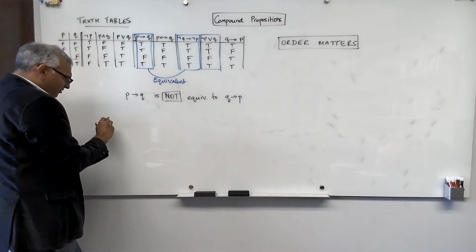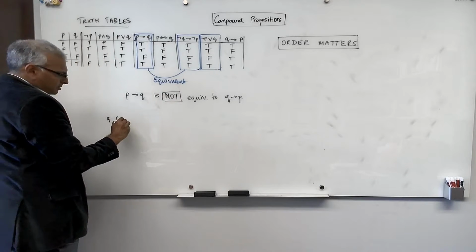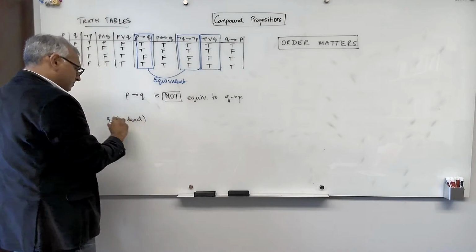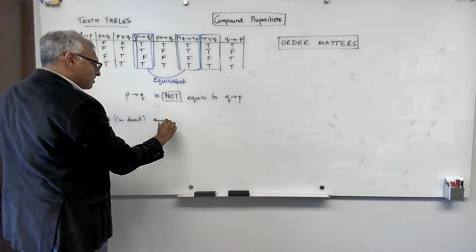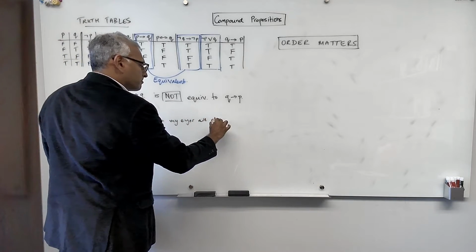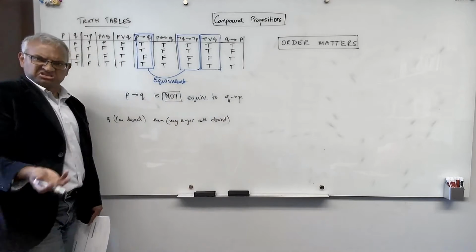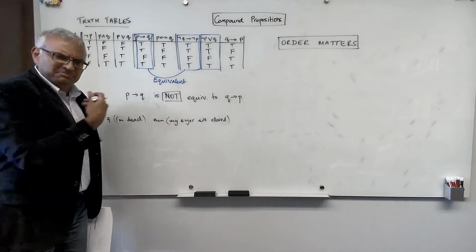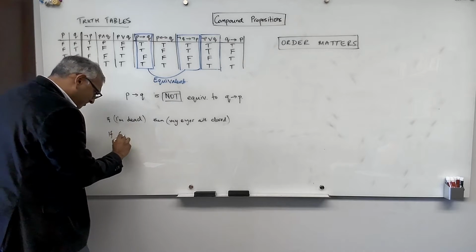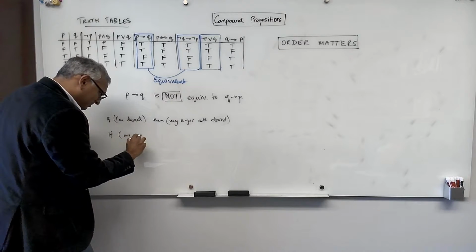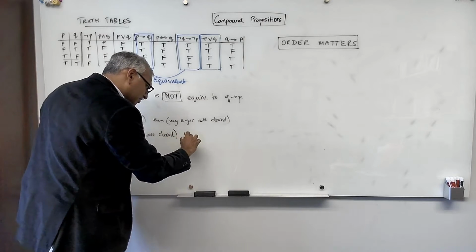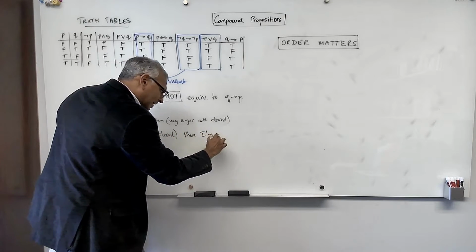If I'm dead, then my eyes are closed. This is true. It's a true implication. If I'm dead, my eyes are closed. If my eyes are closed, then I'm dead.